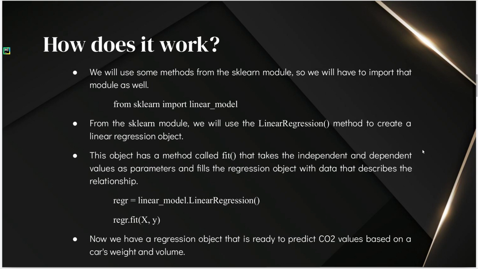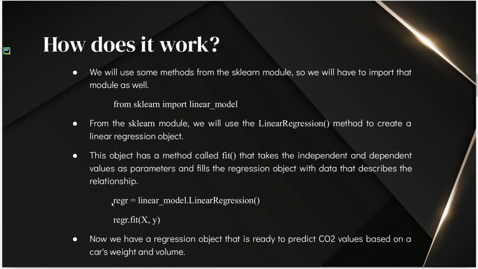So we will use the sklearn module and some methods to actually do the multiple regression. We will call the LinearRegression method from the sklearn module to create a linear regression object. Each regression object has a method fit, and this method takes the independent and dependent values as arguments, and then fills the regression object with data that describes the relationship between these two values.